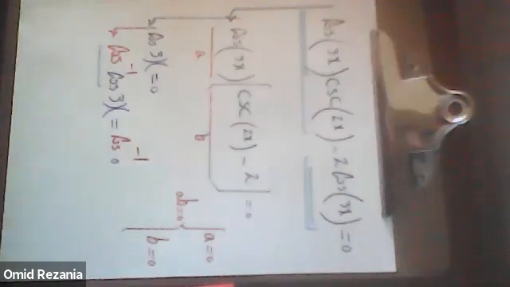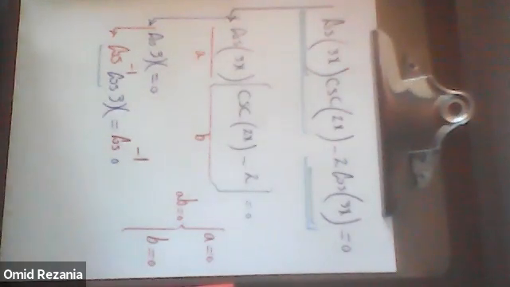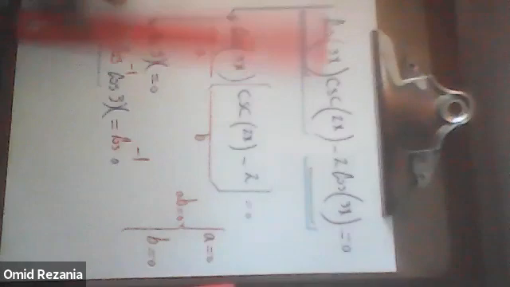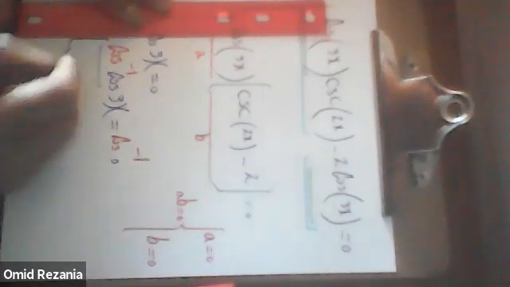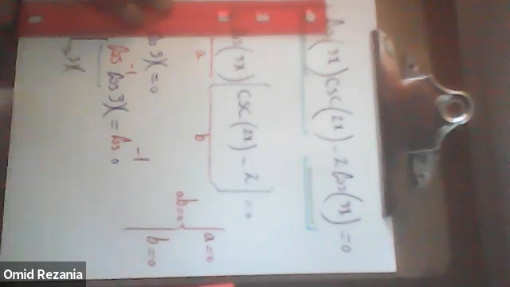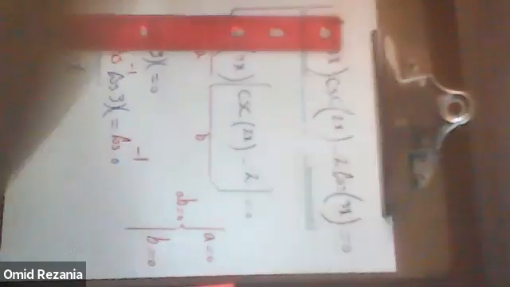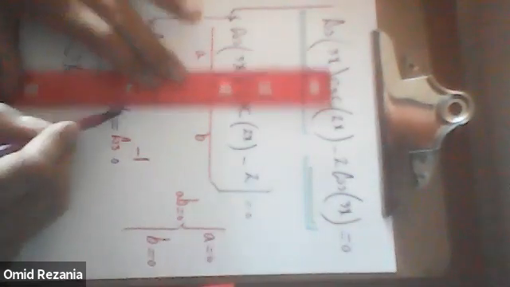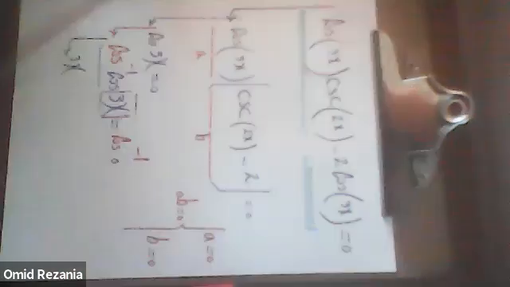Now I have cosine and the inverse of the cosine, which gives us the 3x, because if you take a look, guys, the argument for this function is 3x, not x.